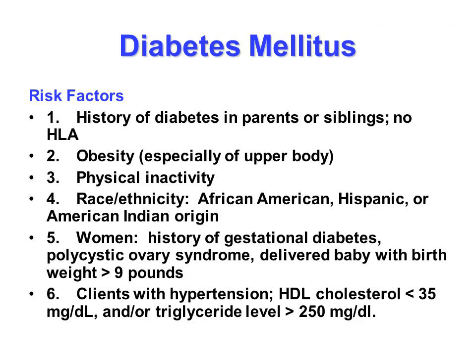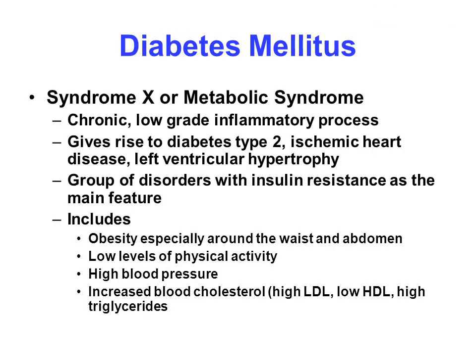Women, history of gestational diabetes, polycystic ovary syndrome, delivered baby with birth weight greater than 9 pounds. 6. Clients with hypertension, HDL cholesterol less than 35 mg/dl, and/or triglyceride level greater than 250 mg/dl. Diabetes mellitus syndrome X or metabolic syndrome.